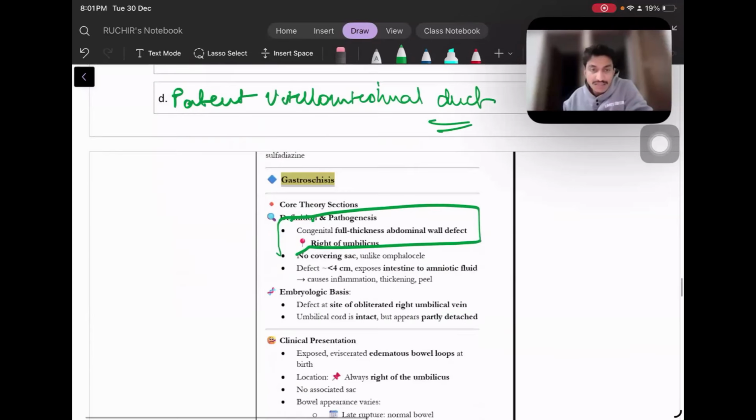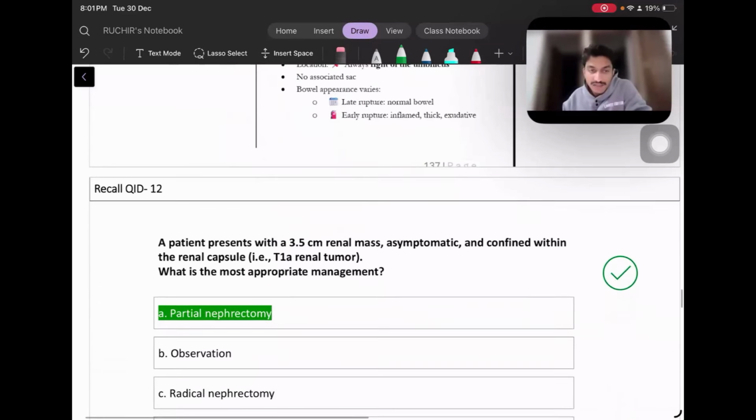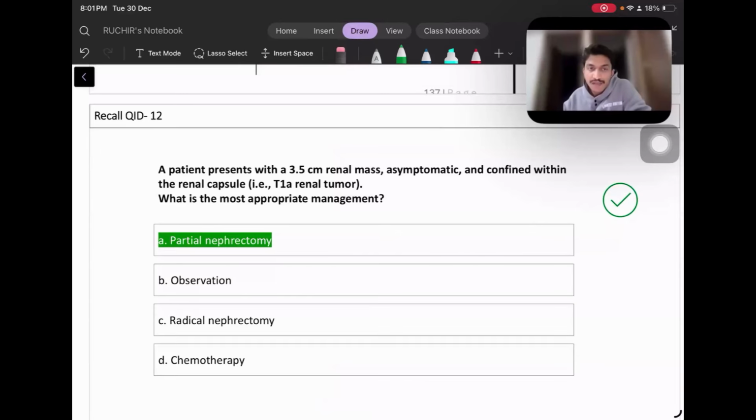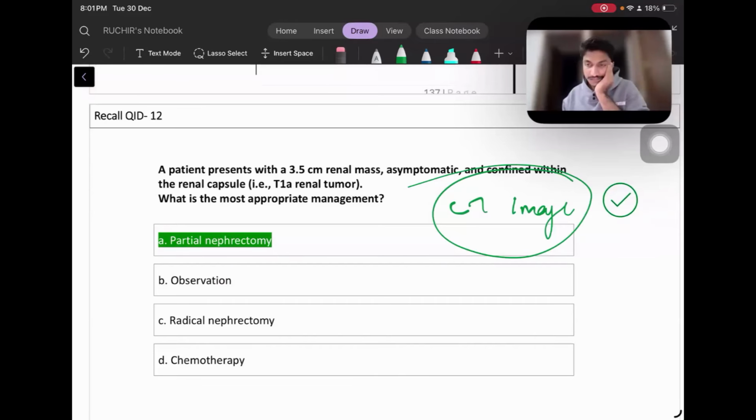Moving on to the next question, about a patient with a 3.5 centimeter renal mass, asymptomatic, confined within the renal capsule. A T1a renal tumor was given. Most appropriate management? Any discrepancy in the question stem and the options here? CT image, solid renal mass.